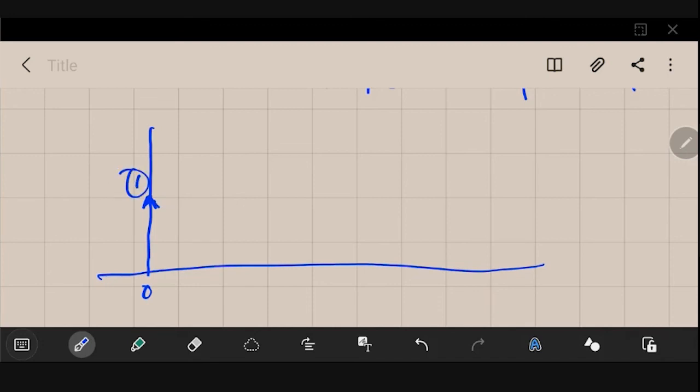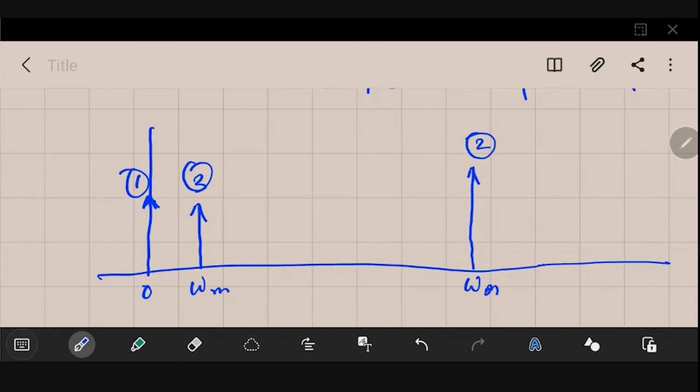Then the next term is BAC cos omega ct, which will be located here. So this is your term number 2. And then we have the next term BAM cos omega mt, term number 3, which will be located somewhere here. So here the frequency is omega m, and for the term number 2, the frequency was omega c.